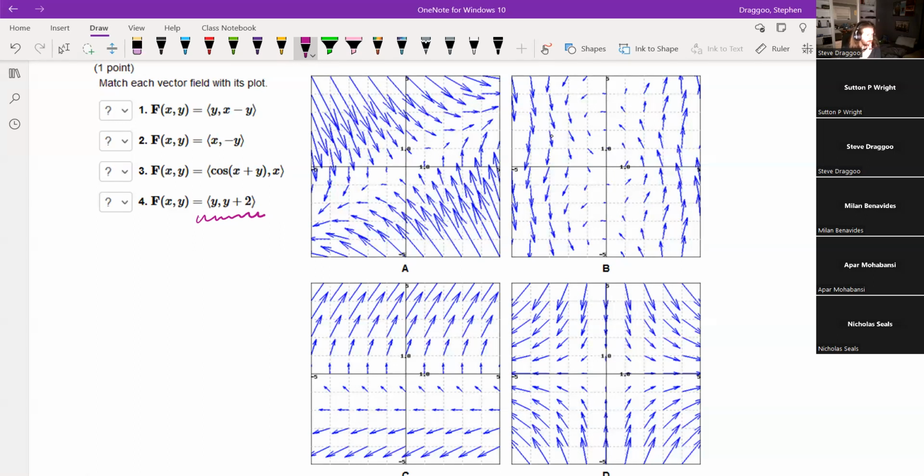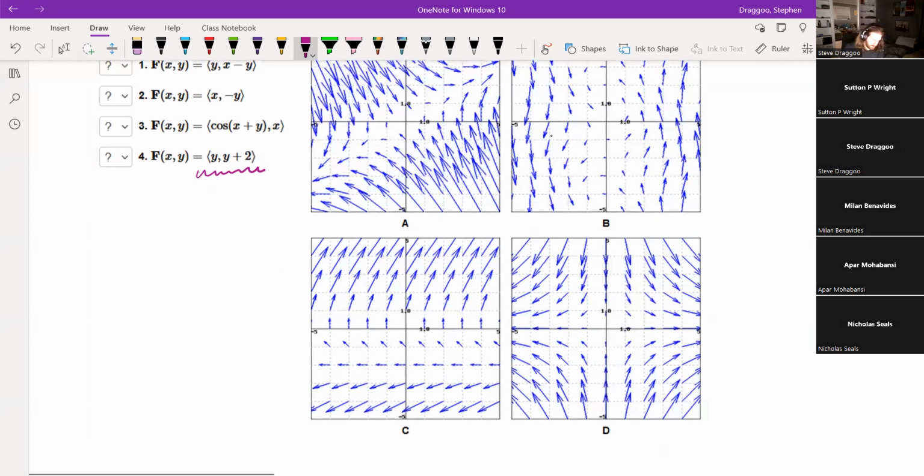If I were to look up and down the axis with x equals 0, I'd expect to see things that point more up and right as I go up because y is increasing. And as I move down, I'd expect to see things that point more left and down. So with all that together, I'm looking at option C for this one. C, I'll put it right there.